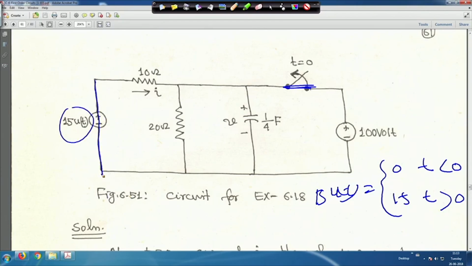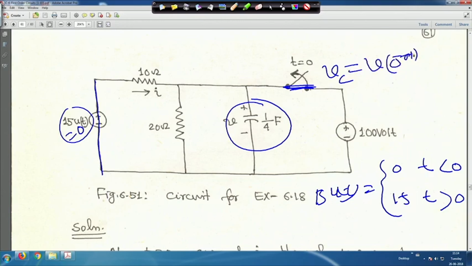Just join it, because this source is equal to 0. As the switch was closed for a long time with this 100-volt DC source, the capacitor will act as an open circuit. That means Vc, that is V, at 0 minus is equal to this 100 volt.